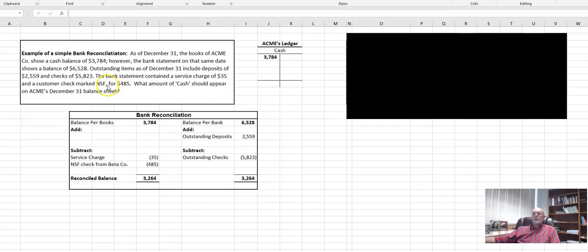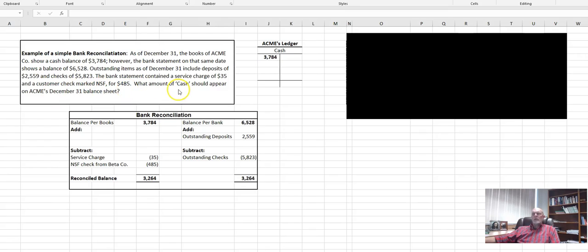So here's the additional information. Outstanding items as of December 31 include deposits of $2,559 and checks of $58.23. The bank statement contained a service charge of $35 and a customer check marked NSF for $485.